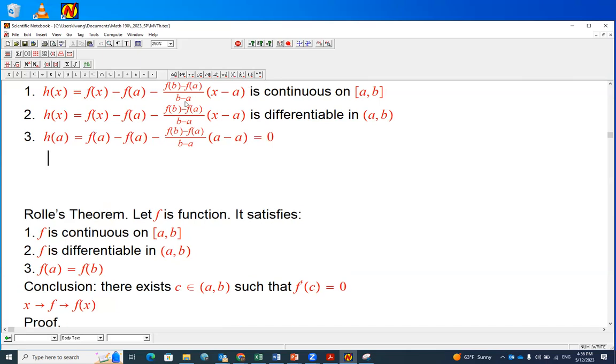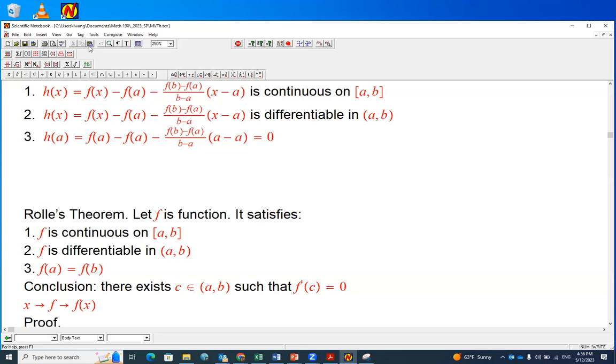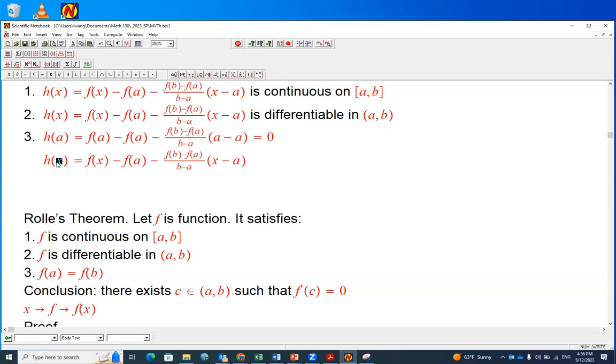Let's look at h of b, right? So we plug in b, h of b, f of b, and this is b, right? And what does that equal to? b minus a and b minus a, that makes 1 reduced, right?